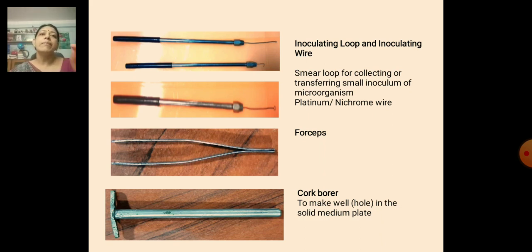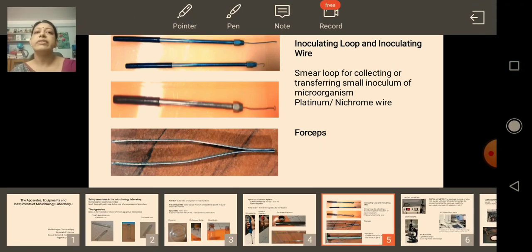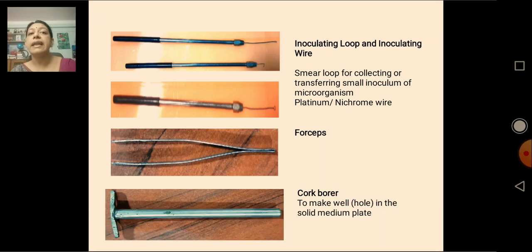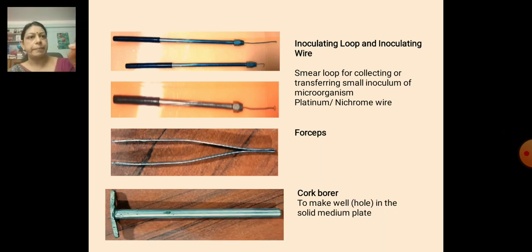Now remember, whenever we take a loop or a wire, the length of the wire should be long. Why? Because the wire or the loop should not touch any other surface of the tube or the bottle anywhere. It should only take up the inoculum. This is because our inoculating loop or wire is always sterilized before and after use by heating it to red hot over the Bunsen burner flame.